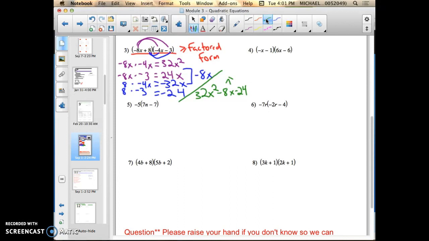This is standard form. Alright? So I was given factored form. Negative 8x plus 8 and negative 4x minus 3 were factors. And I multiplied them together to get standard form right here.